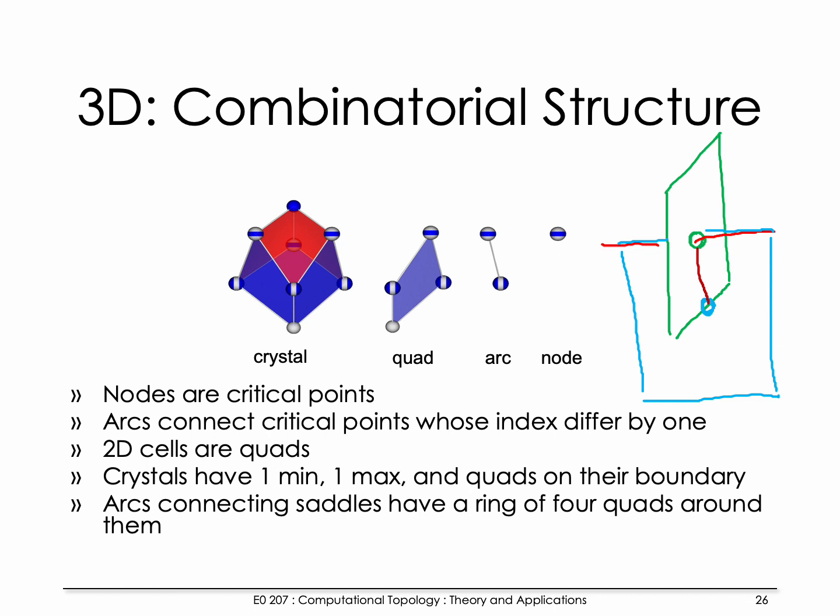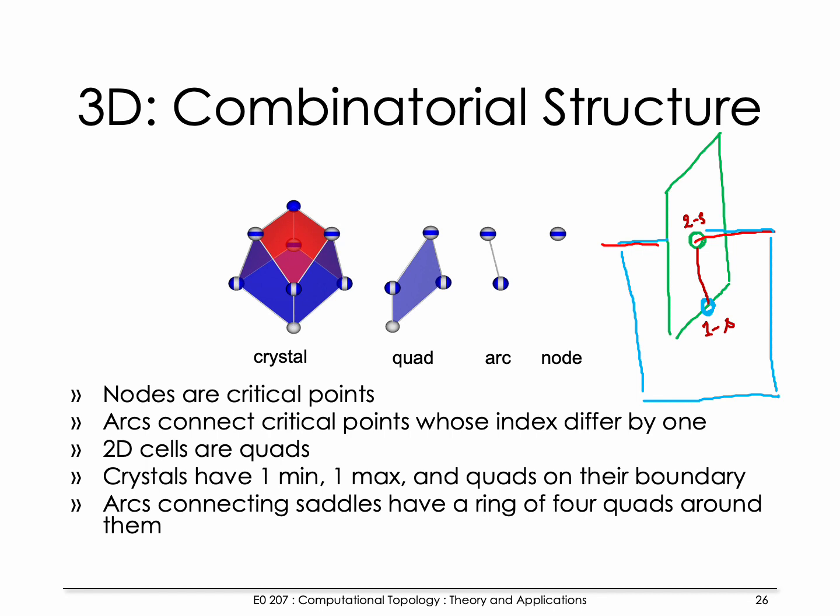So what this last point is saying is that the arcs that connect the saddles, so here is an arc, the brown arc that connects the two saddle with the one saddle, right? So this arc has a ring of different quads around it. So what are the quads?